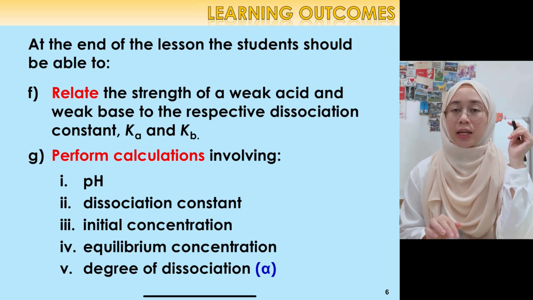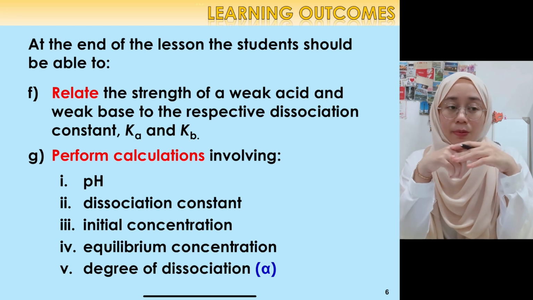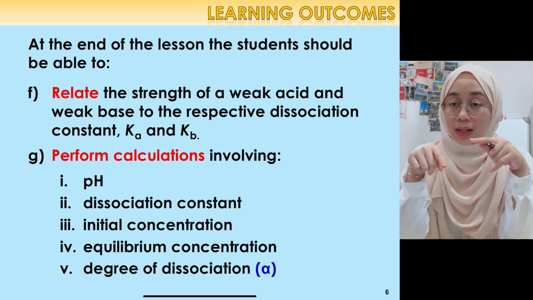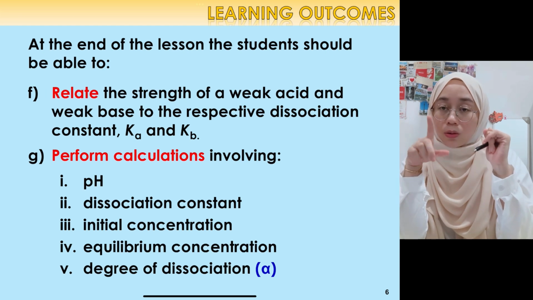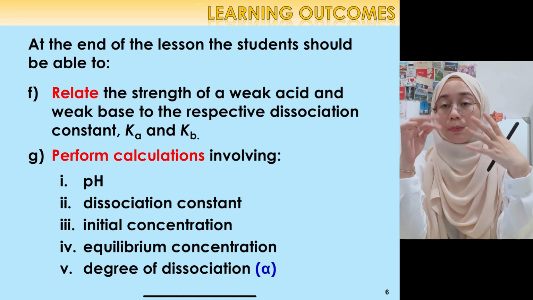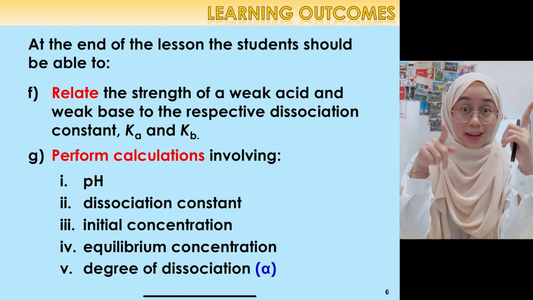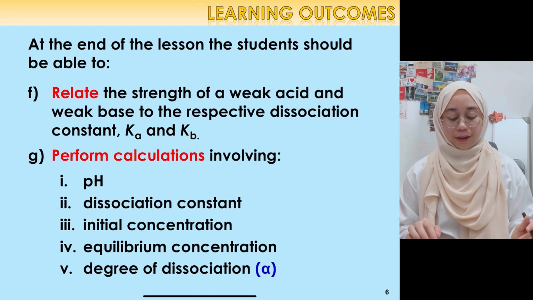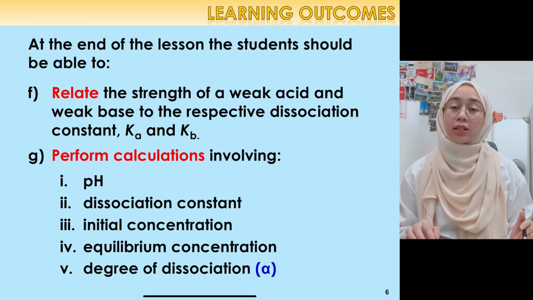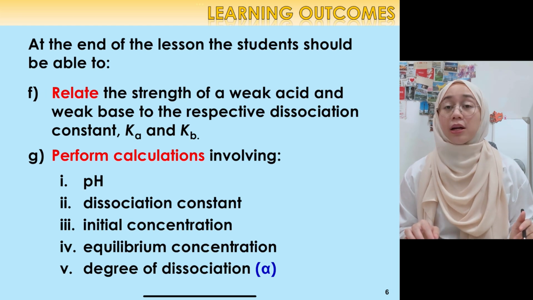Okay, so basically dissociation means it is related to alpha actually. So basically this is alpha, but specifically for acid and also base. A stands for acid, B stands for base. Okay, and then we will look at calculations involving pH, dissociation constant, initial concentration, equilibrium concentration, and also degree of dissociation.